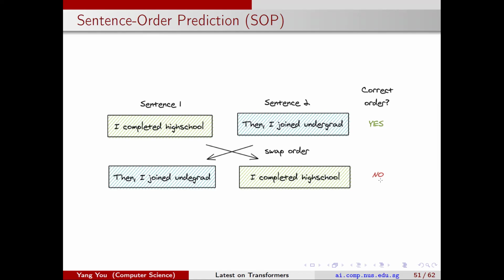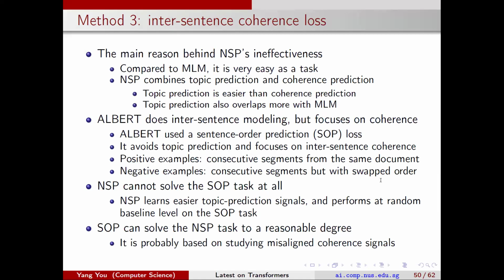That's the idea of SOP, the sequence order prediction by ALBERT. You can check the ALBERT paper. They give lots of explanation of why SOP is better than NSP. But to my understanding, it's more like an empirical study. Actually, we are not sure SOP is always better than NSP. It's empirical.